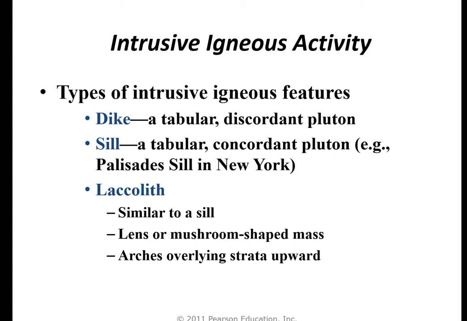The different types of intrusive igneous features include a dike, a tabular discordant pluton, and a sill, a tabular concordant pluton, for example the Palisades sill in New York. A laccolith is similar to a sill, a lens or mushroom-shaped mass that arches overlying strata upward.